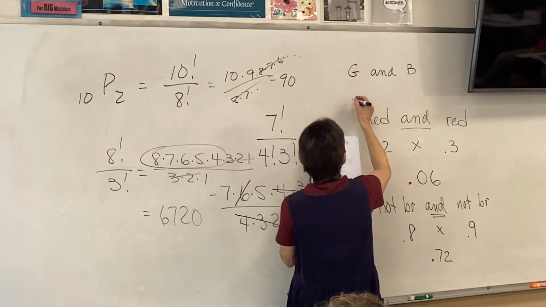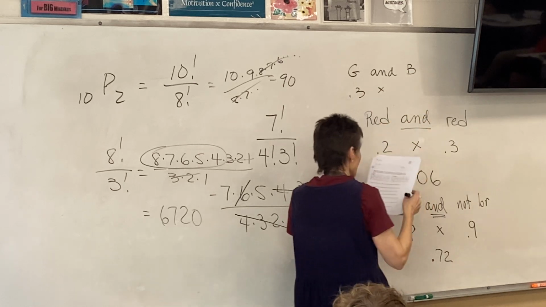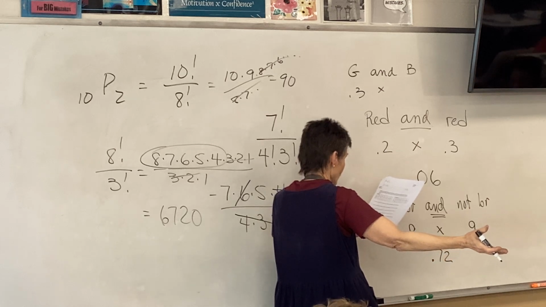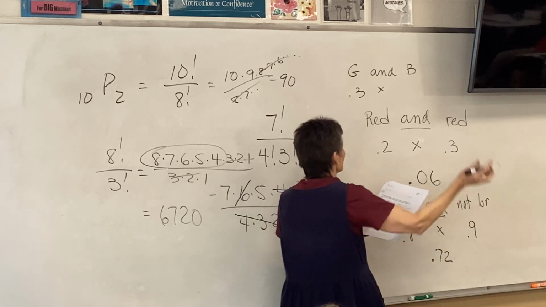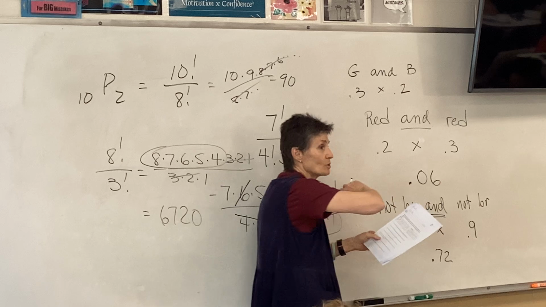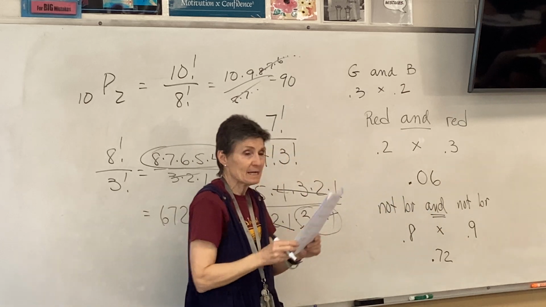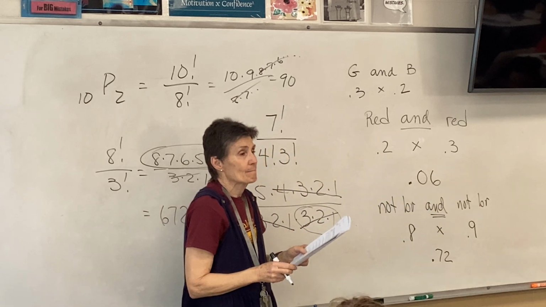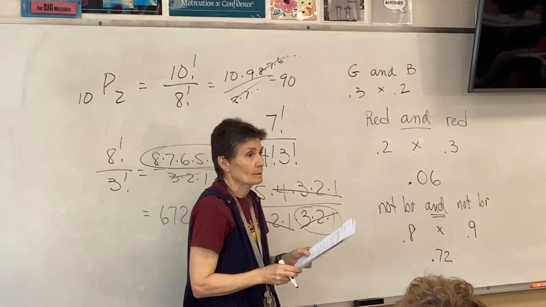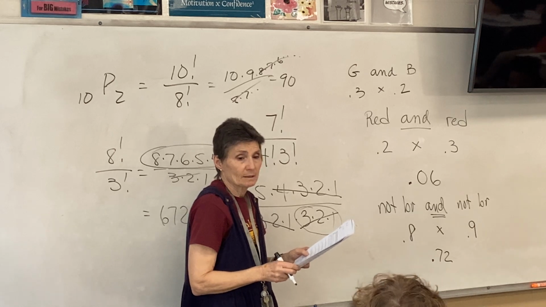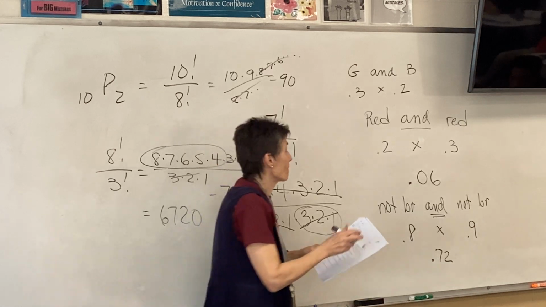Maggie's green is 0.3, and then the second bag is Elizabeth, and hers is blue. So what's the answer to problem E? 0.06.